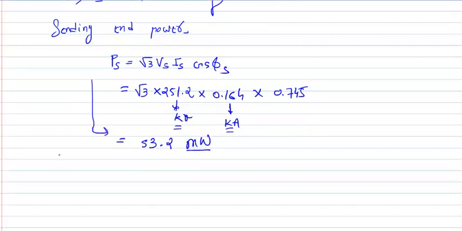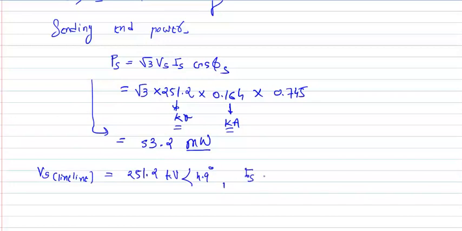So ultimately what we have derived: I will write my sending end voltage in line to line value, that is 251.2 kilovolt at an angle of 4.9.